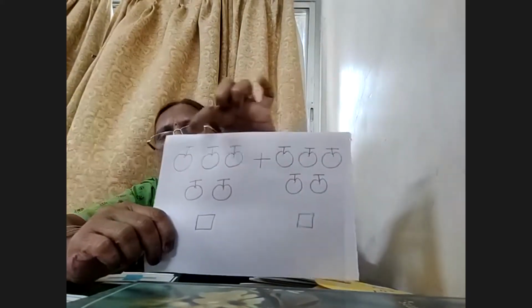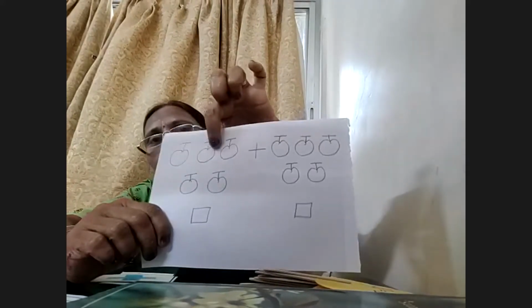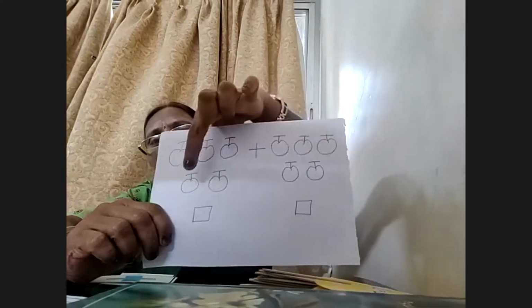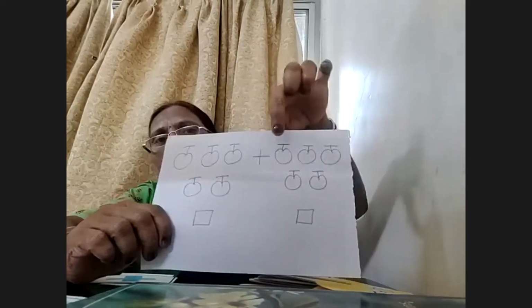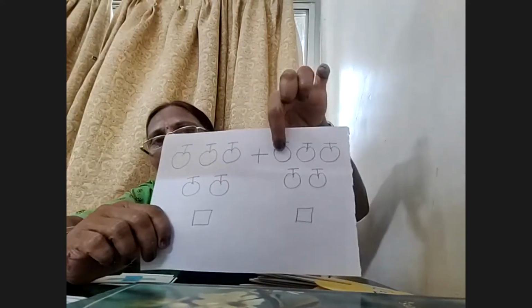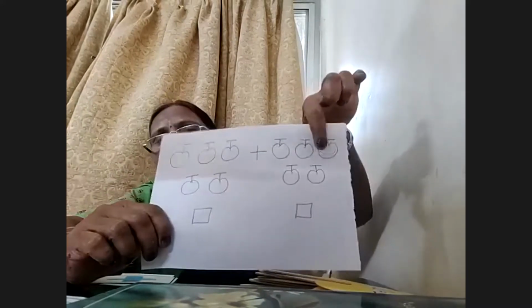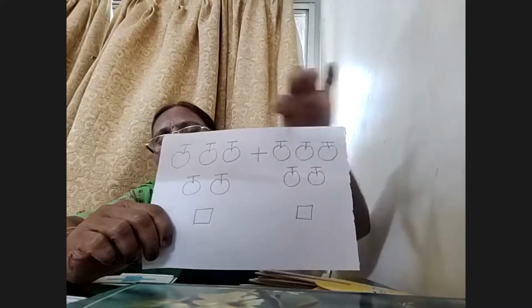How many apples? 1, 2, 3, 4, 5. 5 plus 5 apples. 1, 2, 3, 4, 5.